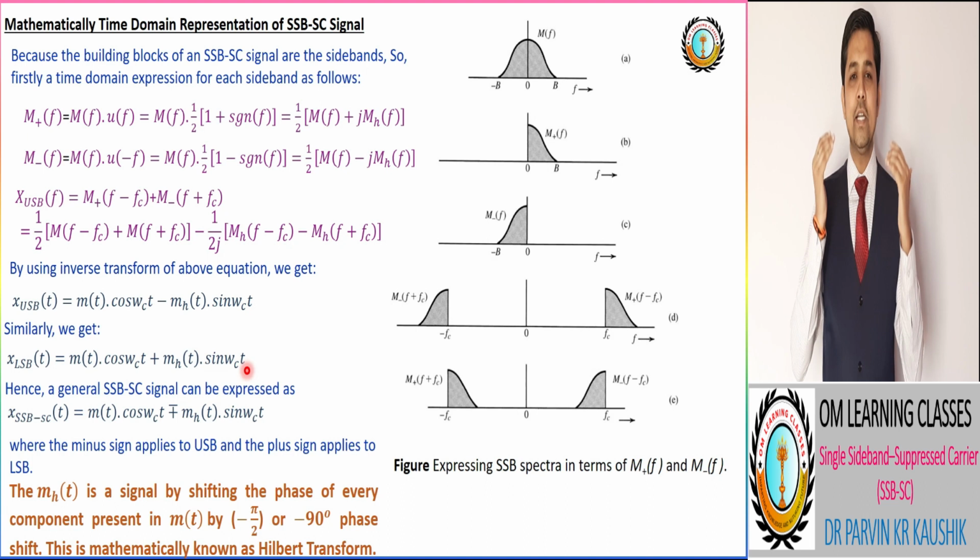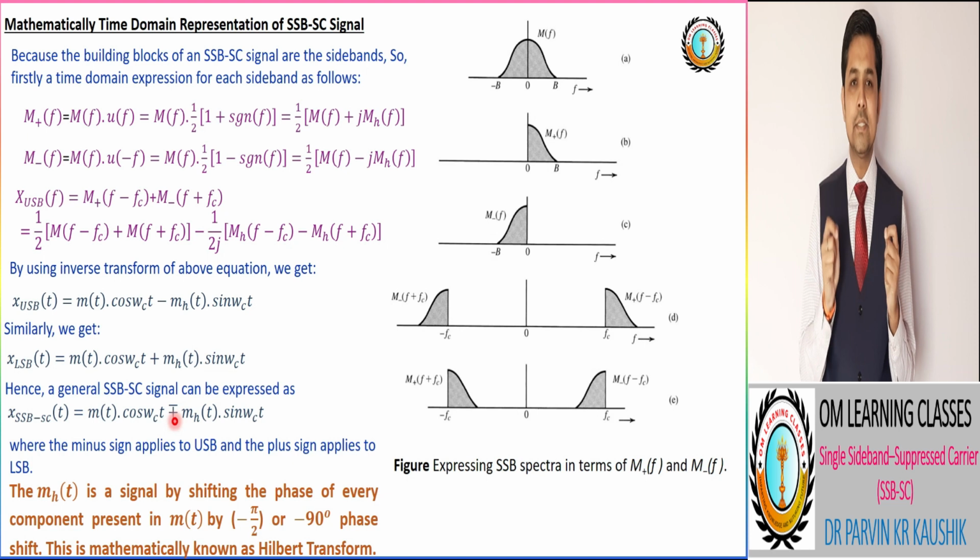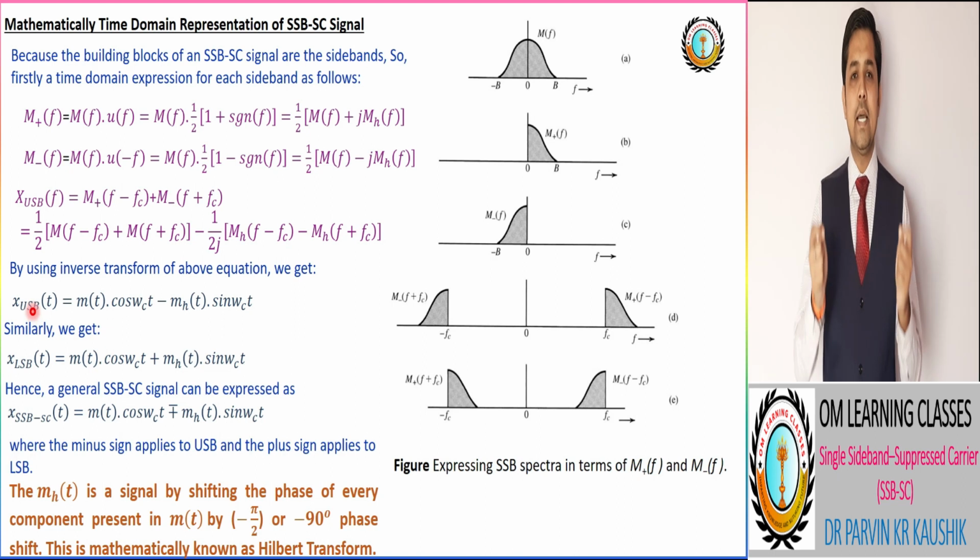So, if we go for the general representation of SSB-SC modulated signal, then that is equivalent to m(t) cos ωct minus/plus m_h(t) sin ωct, where minus corresponds to the USB signal and plus corresponds to the LSB signal.